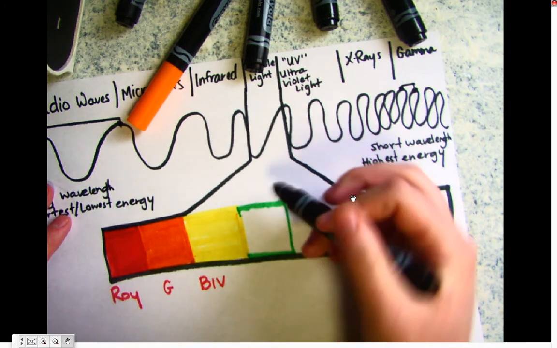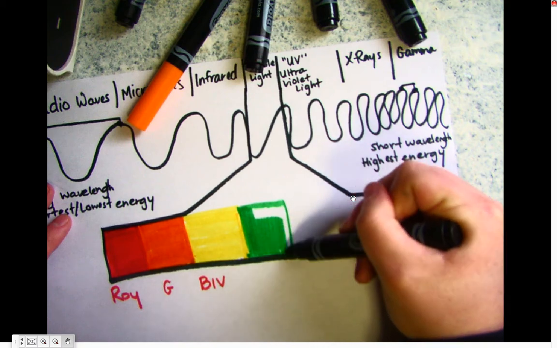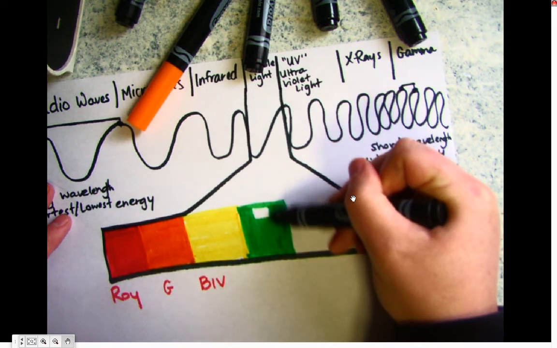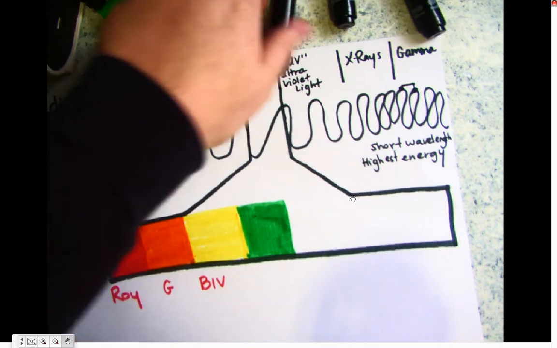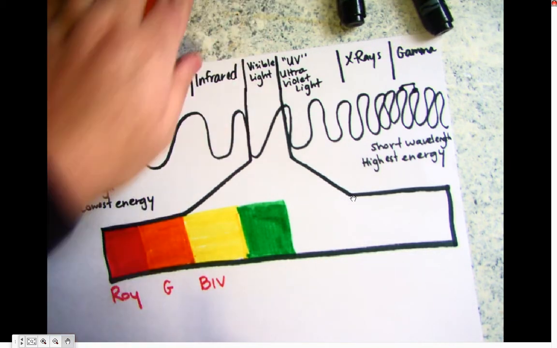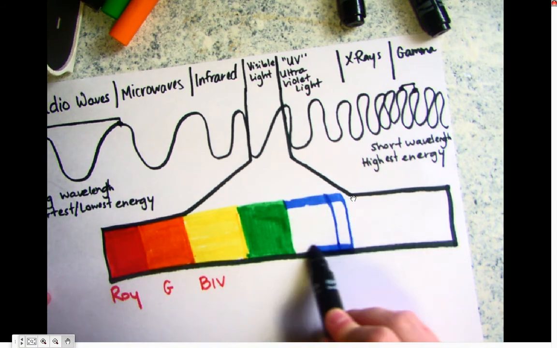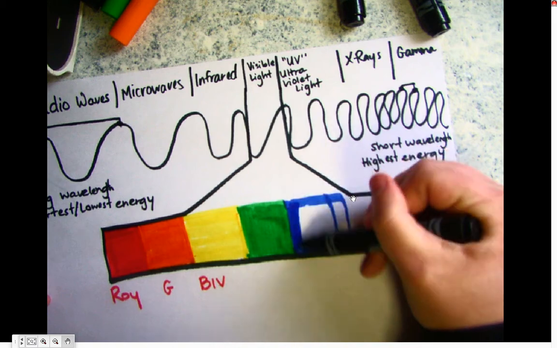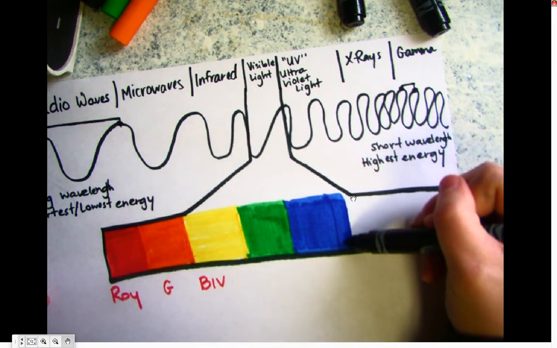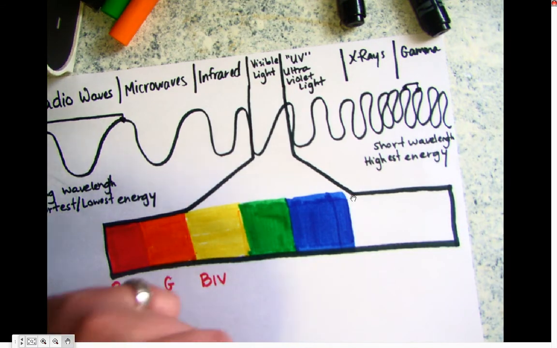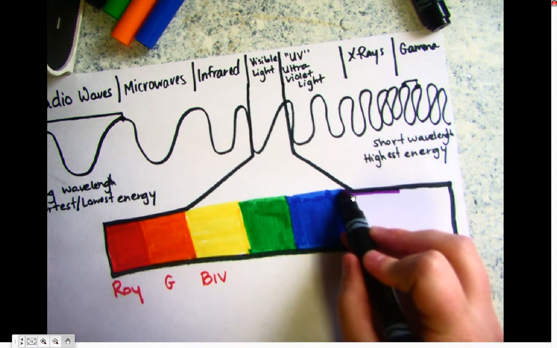So Roy G. Biv. So I've got blue. Indigo is kind of a mix between blue and violet, so we're just going to put violet next since I don't have an indigo marker.